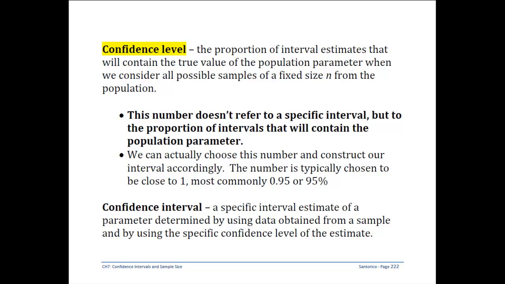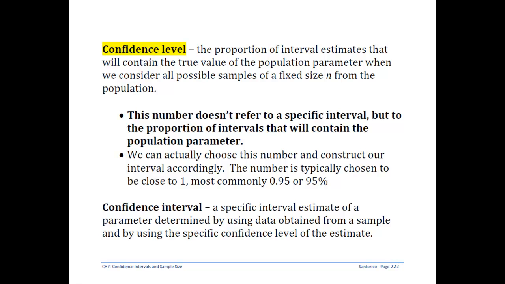It says if I took another sample and computed my confidence interval, and did this over and over and over again, how many of those intervals are going to actually capture the true population parameter? So it's the confidence in my procedure.